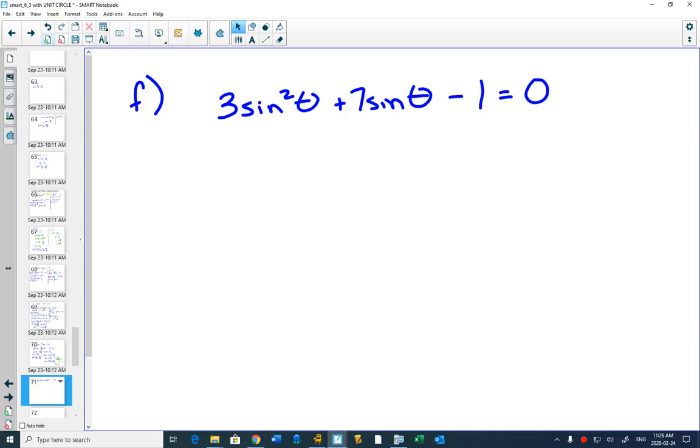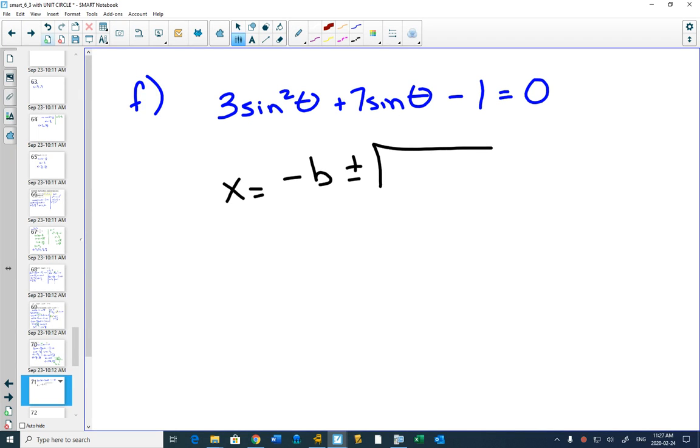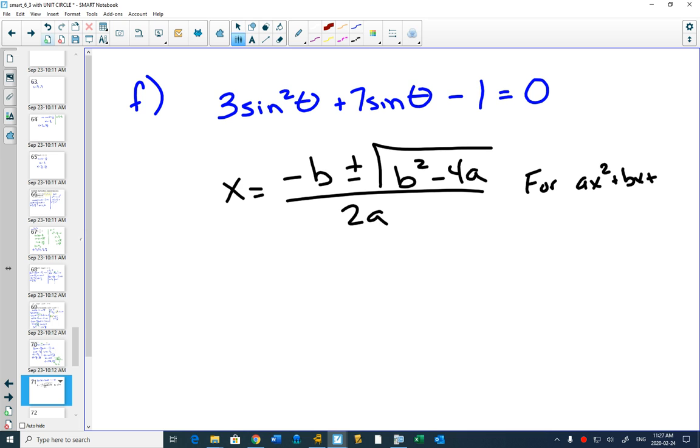Here we go. So on your formula sheet, they have the quadratic formula, just like that. And they even have the nice explanation above it: ax squared plus bx plus c equals 0. Do we have x squared in our equation? No. What do we have squared?